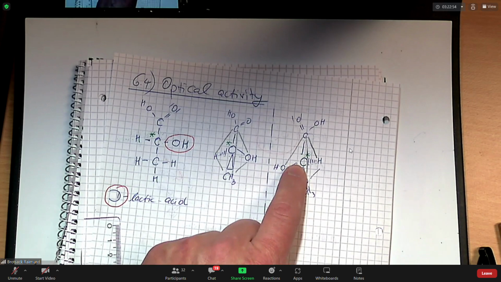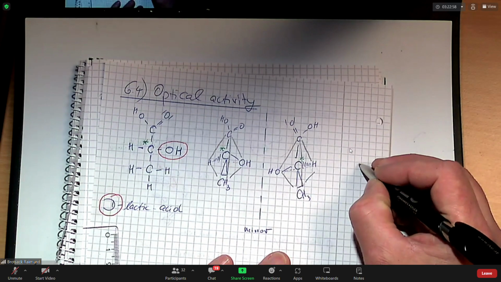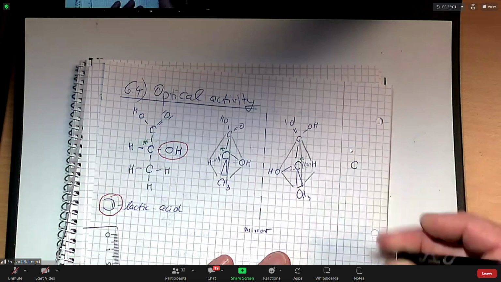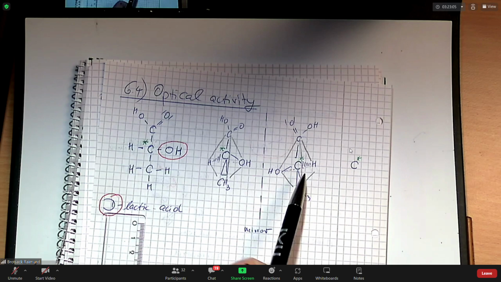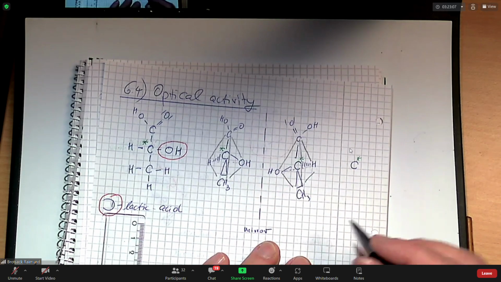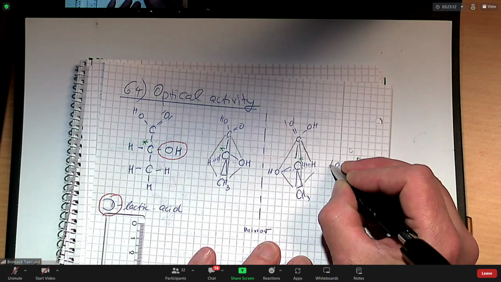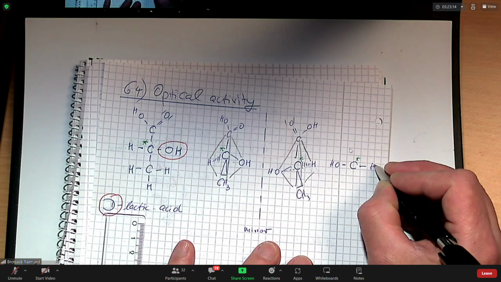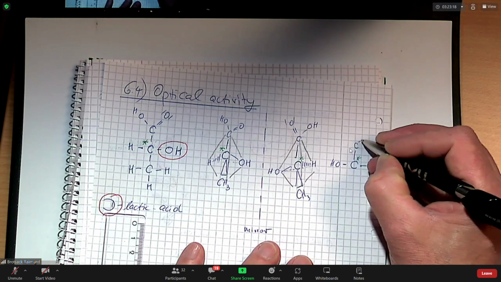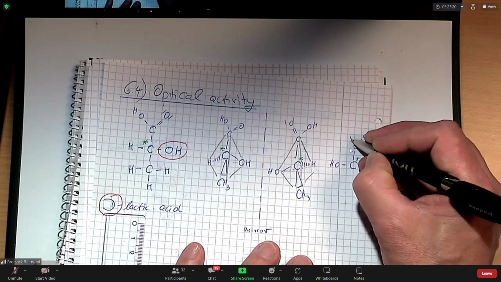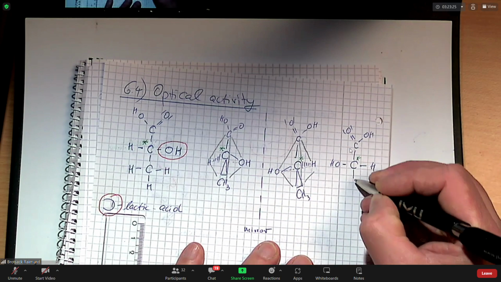When we do it here now and we press it in 2 dimensions, let's try it. Here we have the optical center, or carbon, and now we press this one in the 2-dimensional form, then the OH is on the left side, the hydrogen is on the right side, and to the acid group, nothing changes. And here, that is in the same plane.